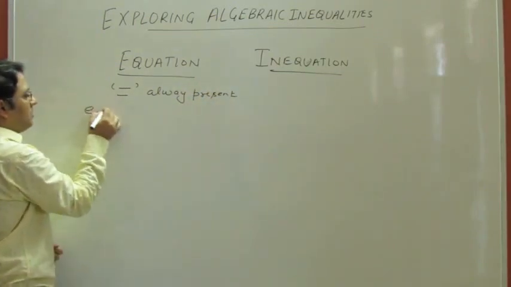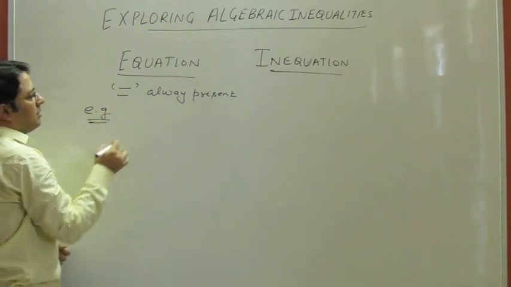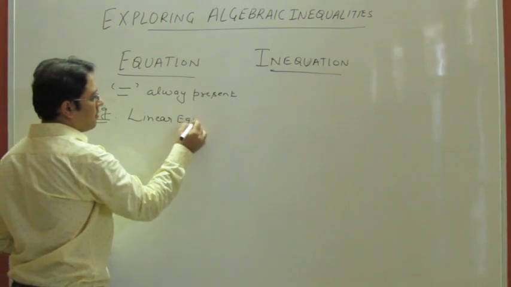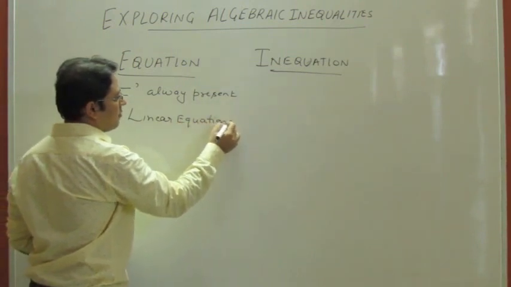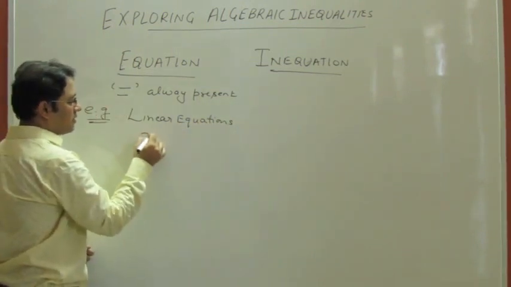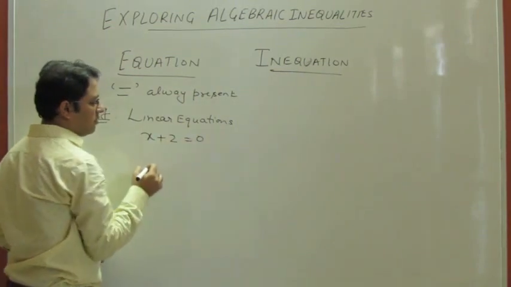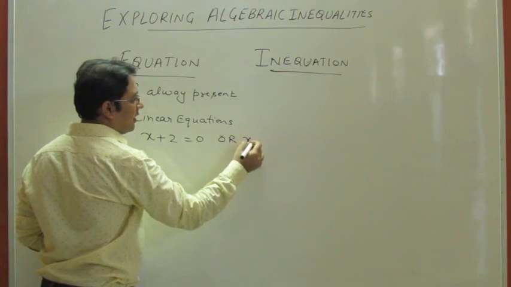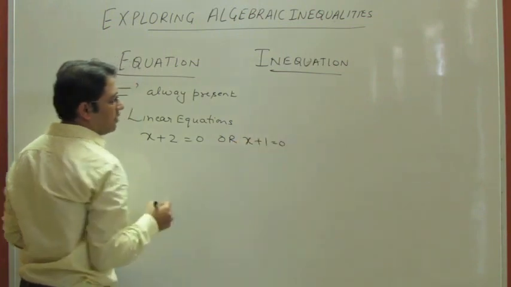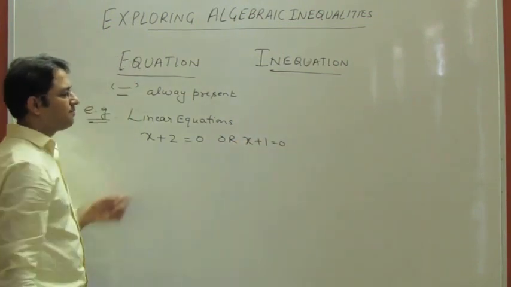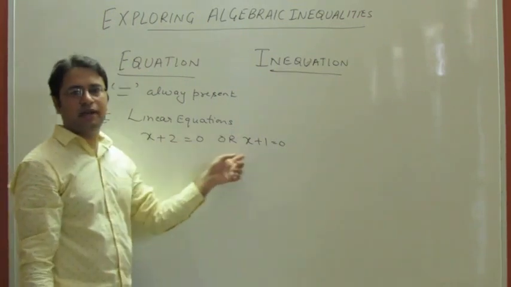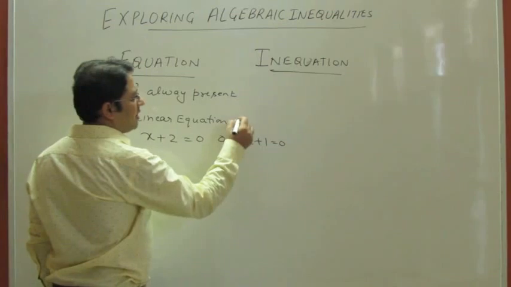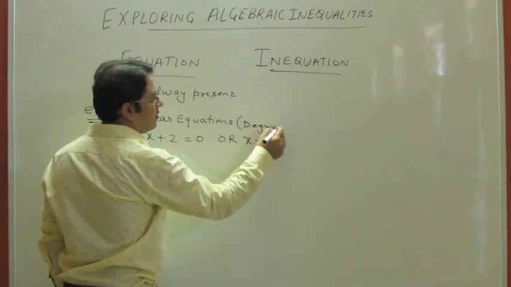For example, we have linear equations like x plus 2 equal to 0, or we can write x plus 1 equal to 0. So we will simply get x equal to minus 2 and x equal to minus 1. Linear equations are where the degree is 1.